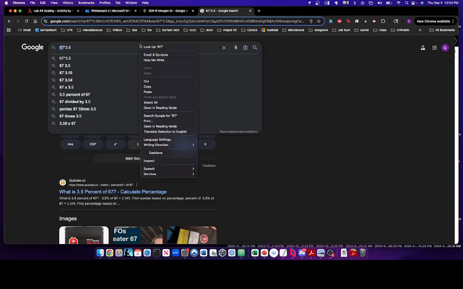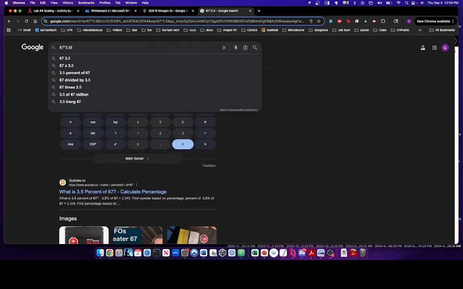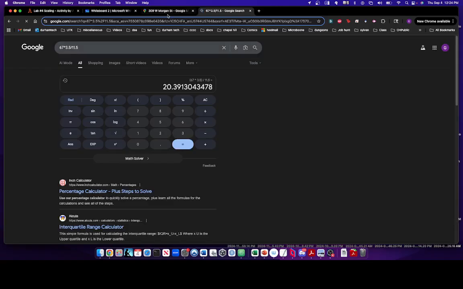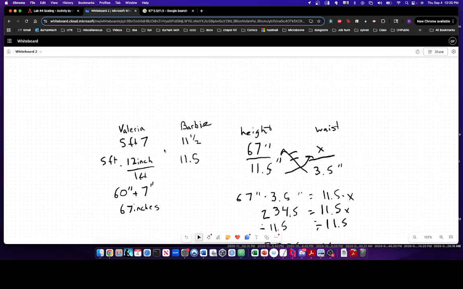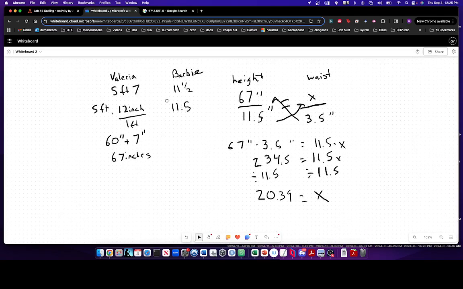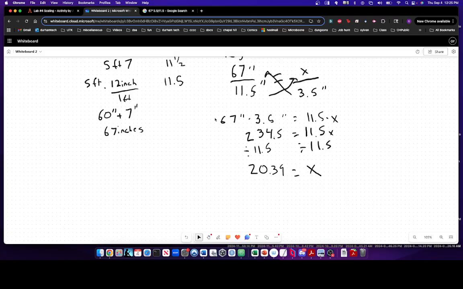So divide our 234.5 by 11.5, and we get 20.39, etc. And that is going to be the waist width of the real life Valeria if she was perfectly matching Barbie doll's dimensions.